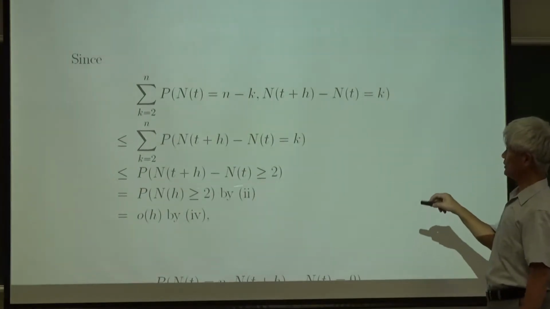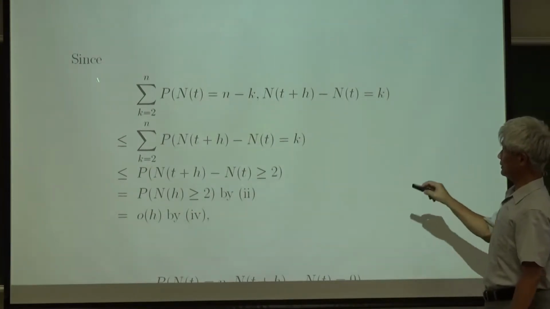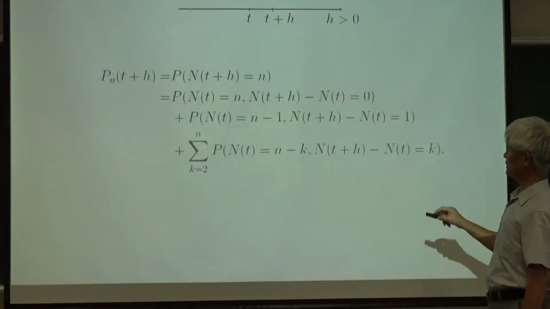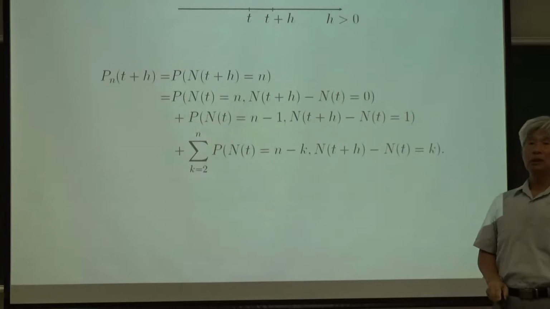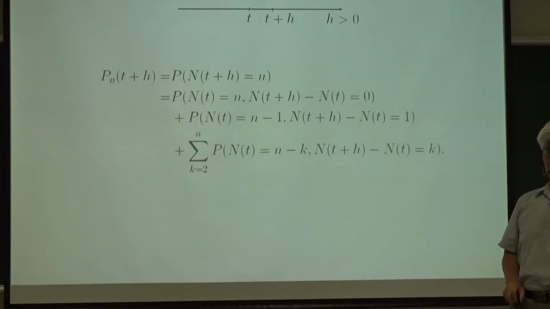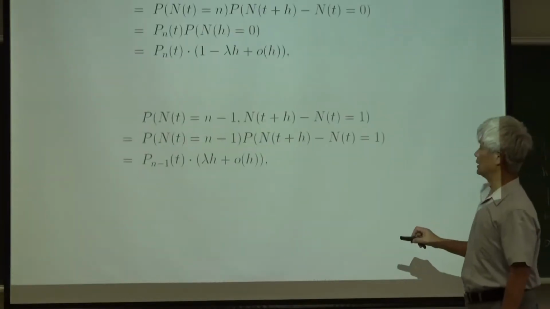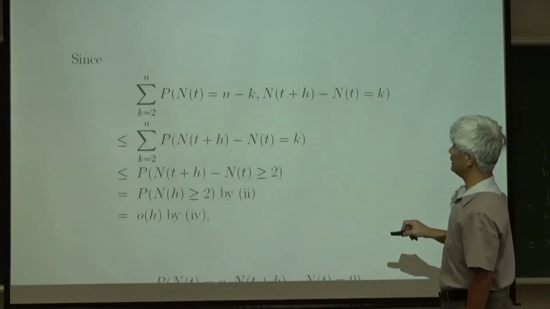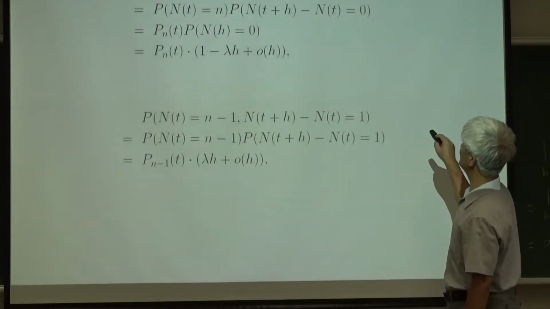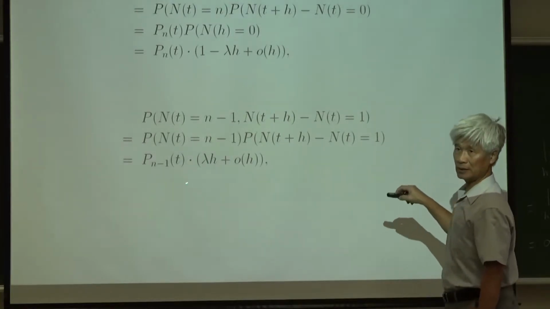So we first estimate this complicated sum, and we find that it is just a little o function of h. That's fine. Then we estimate the remaining two terms.